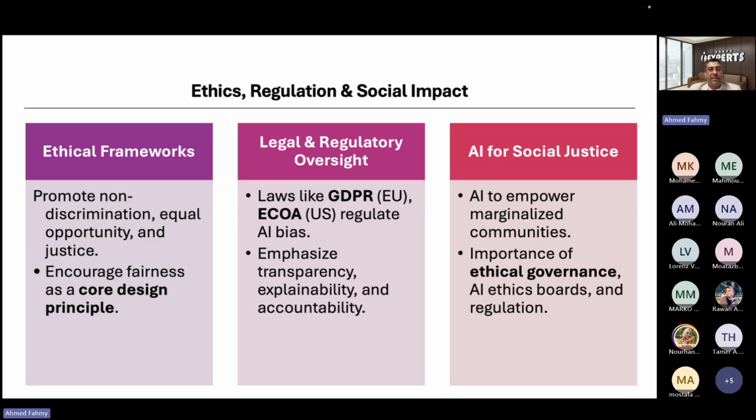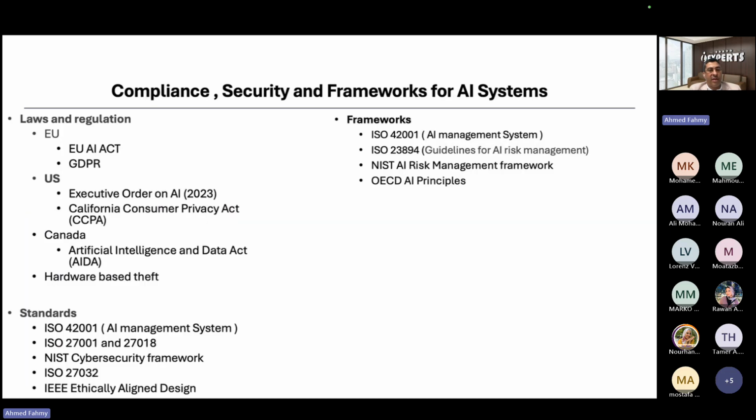For instance, we have some ethical frameworks that exist nowadays. There are regulations and acts like GDPR, the EU AI Act, and so on. And there are also what we call responsible AI principles, which we'll come to know in the coming slides.